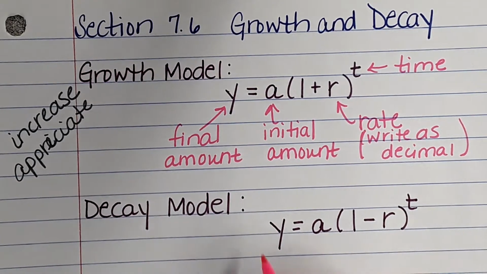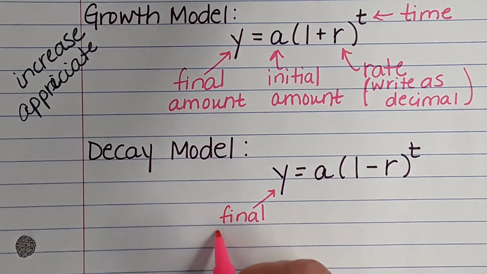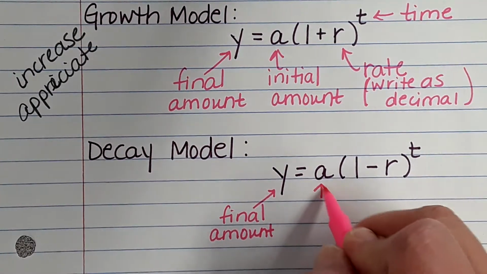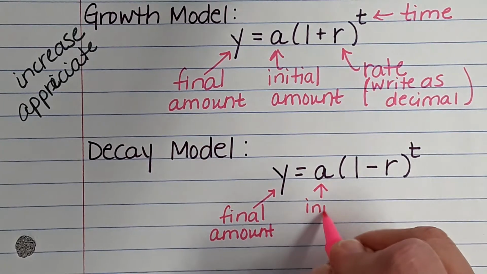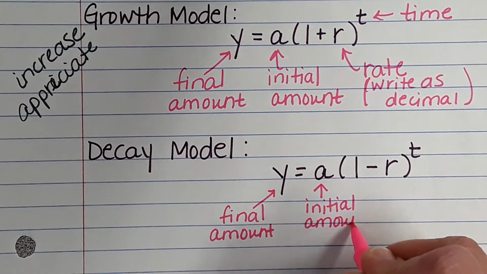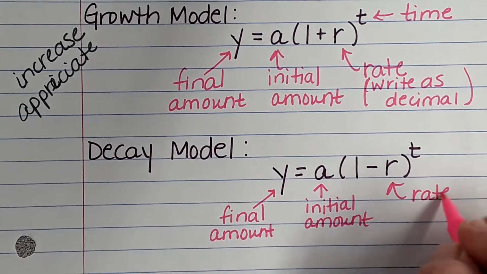Y still means the final amount. A still means the initial amount. R is still the rate, and you write it as a decimal.